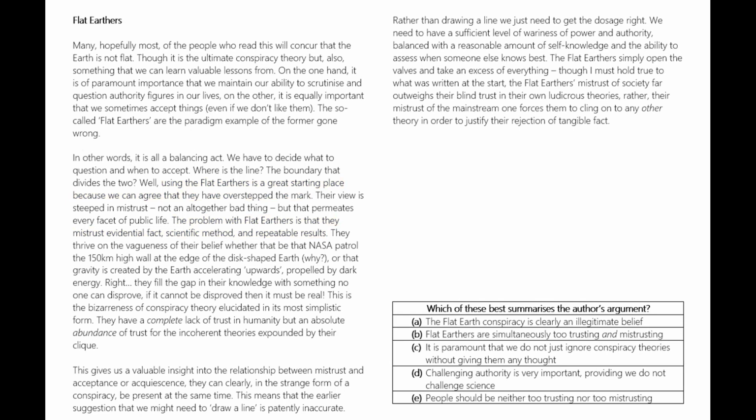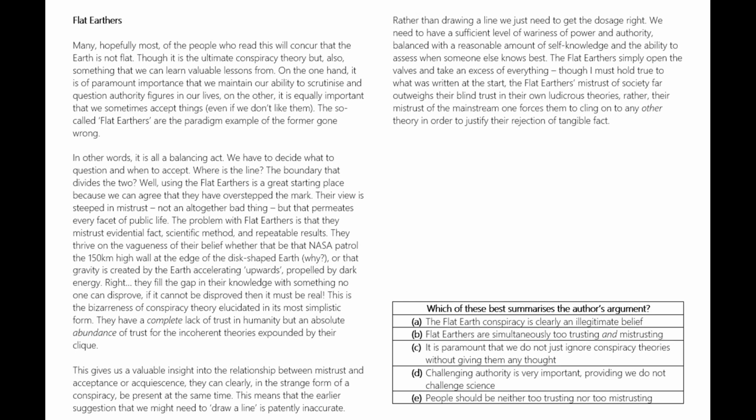We need to maintain that holistic view of the argument in its entirety. So, is the main thing the author is trying to argue here that the flat earth conspiracy is illegitimate? Well, to me, it seems that the actual argument is broader than that and covers the general topic of beliefs, evidence and conspiracies, and the flat earthers would just be an example of that.